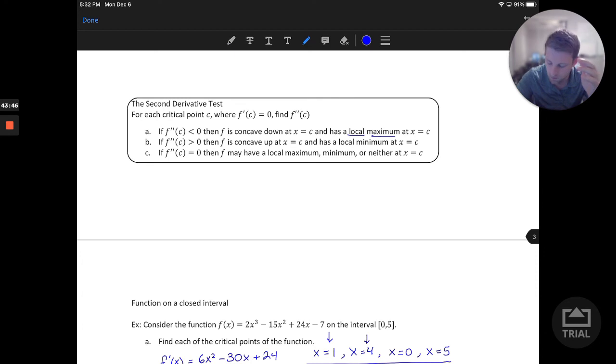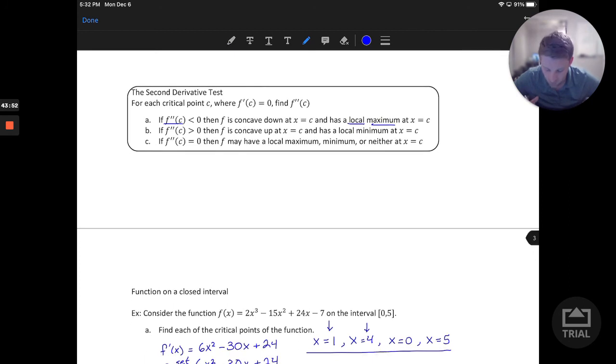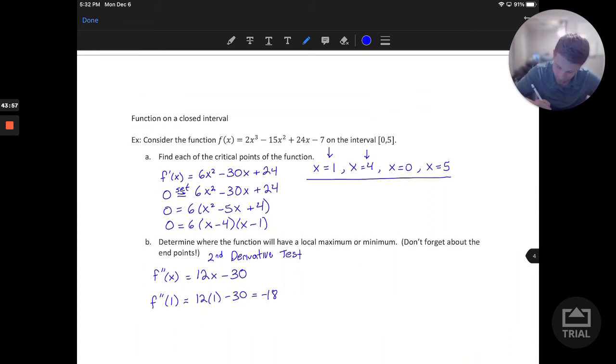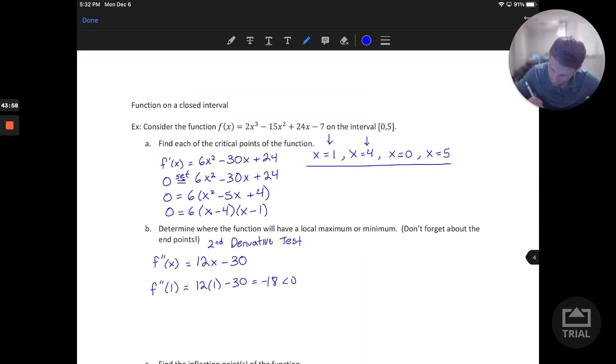So whenever our second derivative at the critical point is less than 0, that's like part A here, we will have a local maximum at that point. So we would be concave down. Therefore, this point will be a local maximum. Let's go ahead and fill this in.